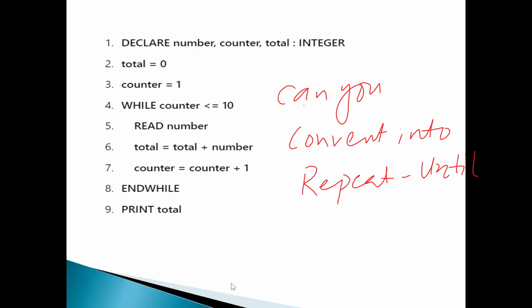Now think about it again. This line will remain the same. This line will remain the same. This line will remain. Change will be here. This line will remain the same. This will be discarded.